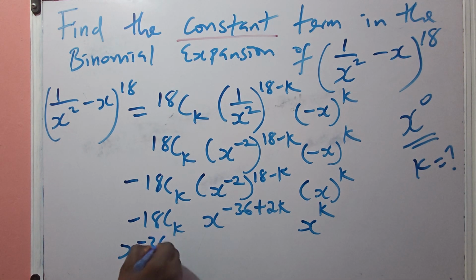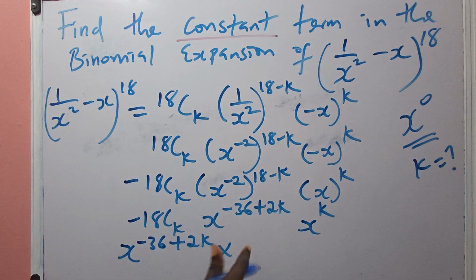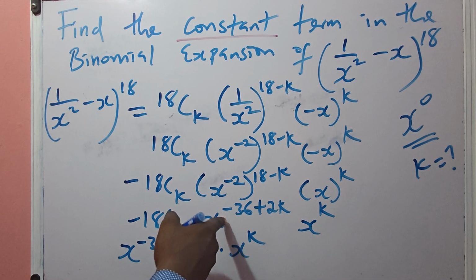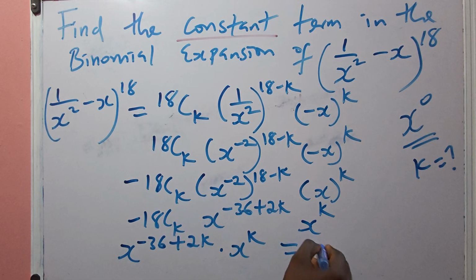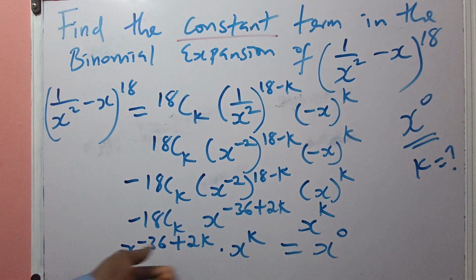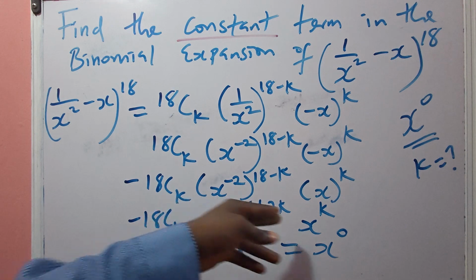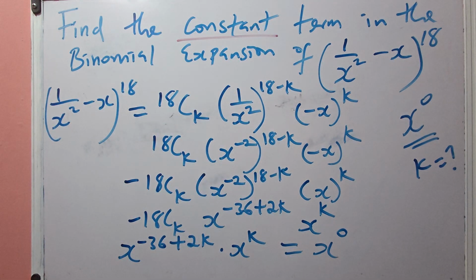Now minus x raised to power minus 36 plus 2k times, let's just use a dot here because of x having a semblance with the multiplication sign. So look at what we have here. If I multiply these two things together, this is the argument I want to solve. I'm saying, okay, I have this and this. Of course, what we're looking for is what can we fix as our k to produce x raised to power 0.